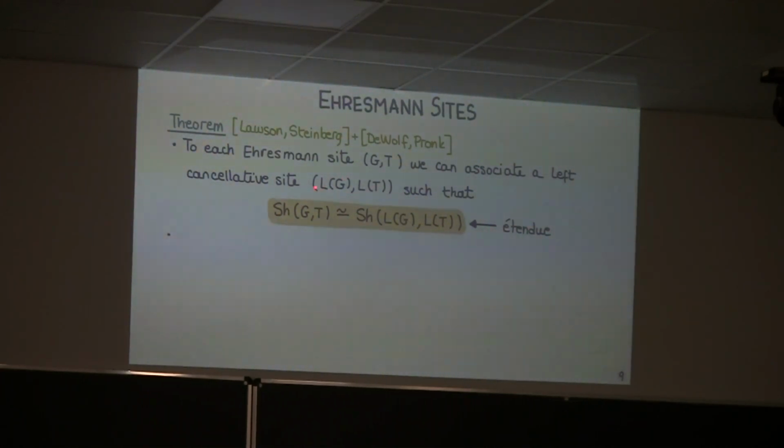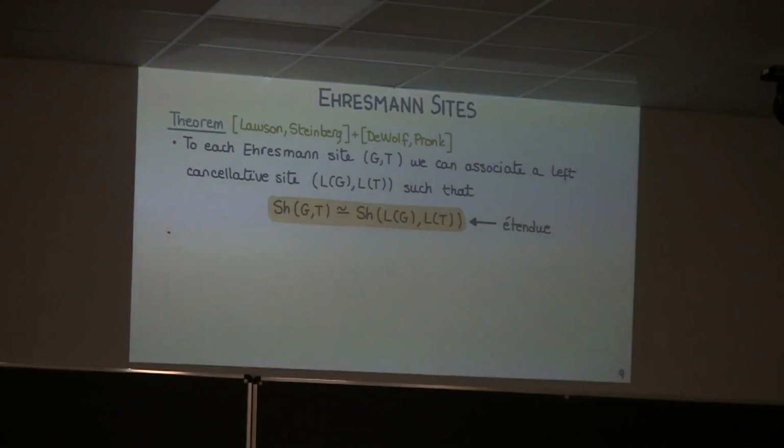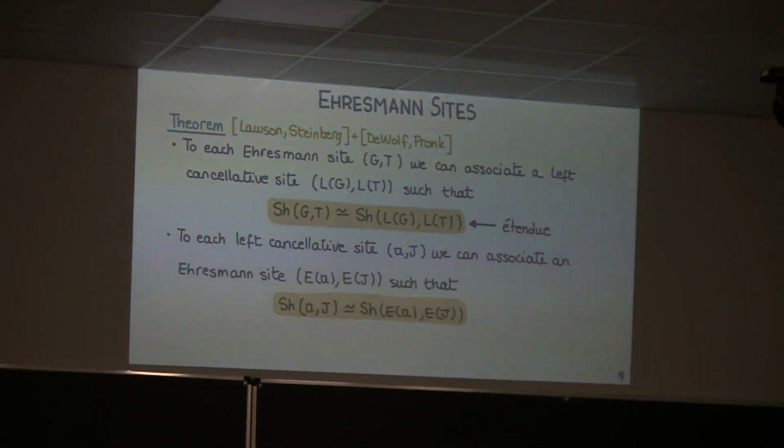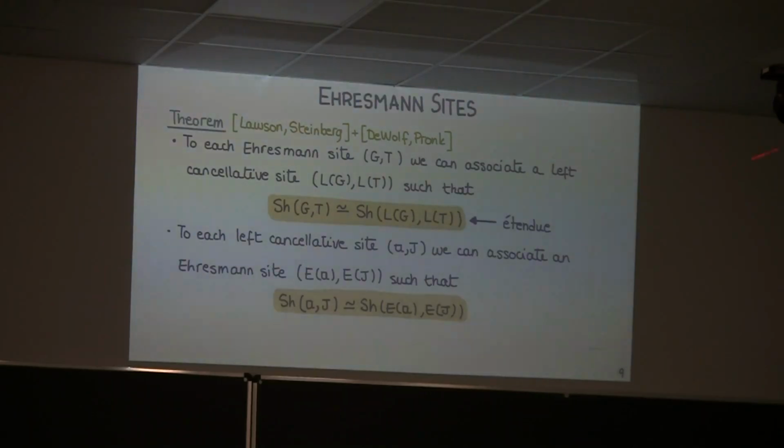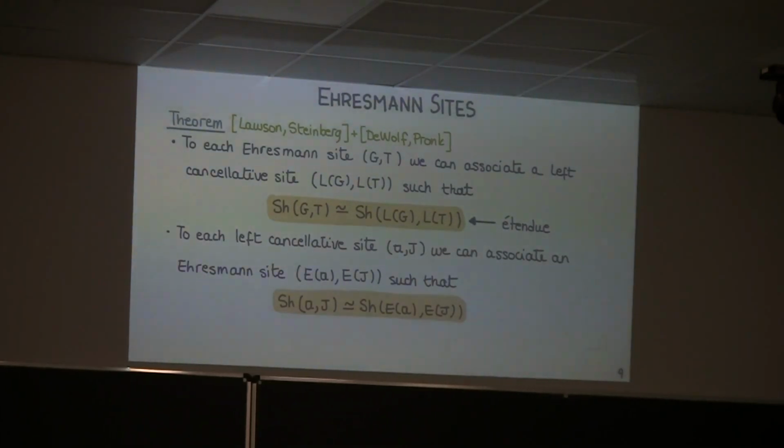So we know that Ehresmann sites represent étendues. And then we have the reverse construction. To every left cancellative site, I can associate an Ehresmann site. They have the same categories of sheaves, and we know, by work of Rosenthal, if this is true for every left cancellative site, the sheaves are étendues.